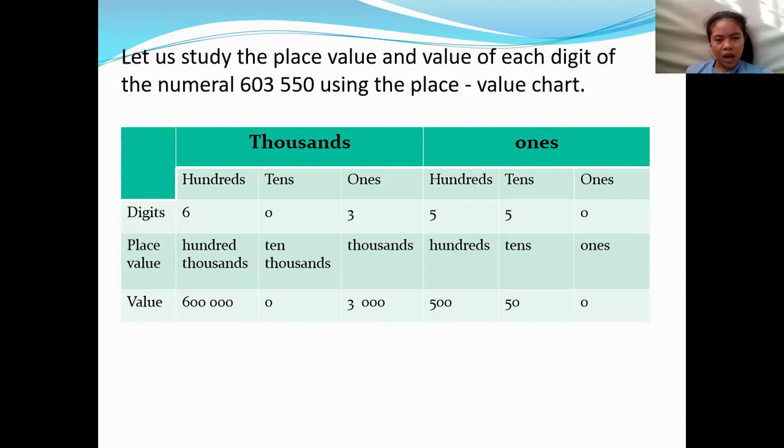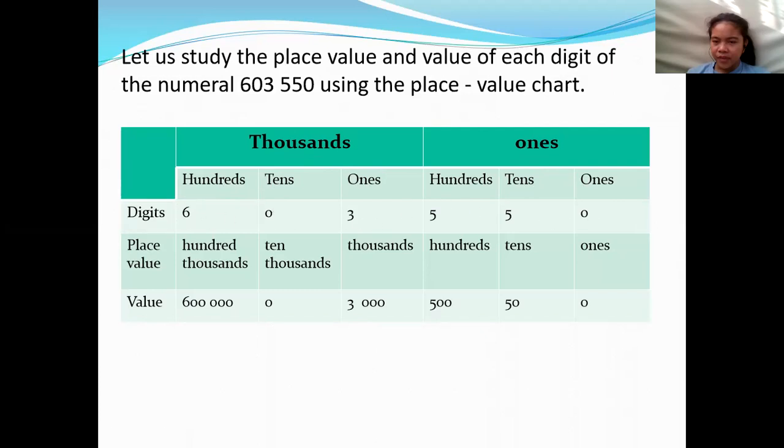603,550. The place value and value of each digit. Okay, we have here the digits 603,550. Then in our thousands period, we have hundreds, tens, and ones. Then in our ones period, we have ones, tens, hundreds. Okay. So we already have here the digits.